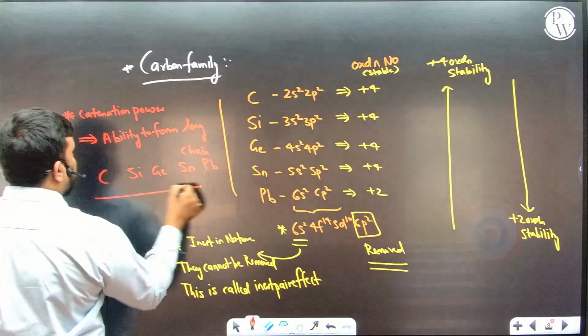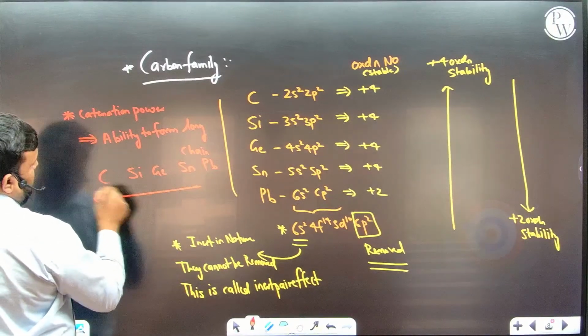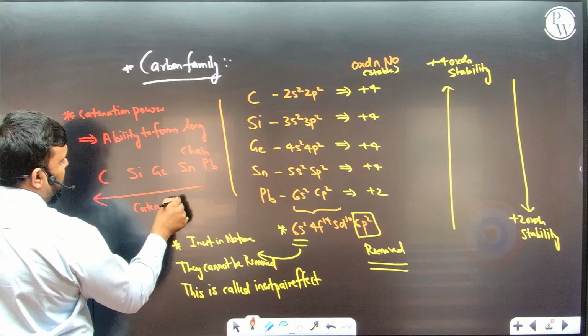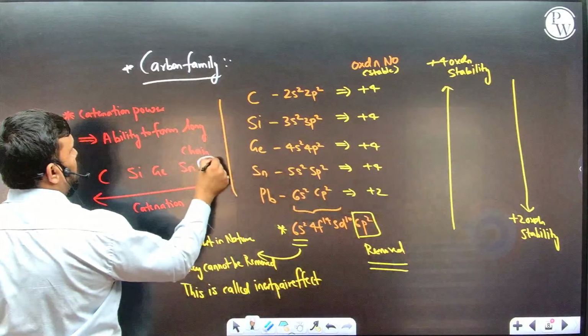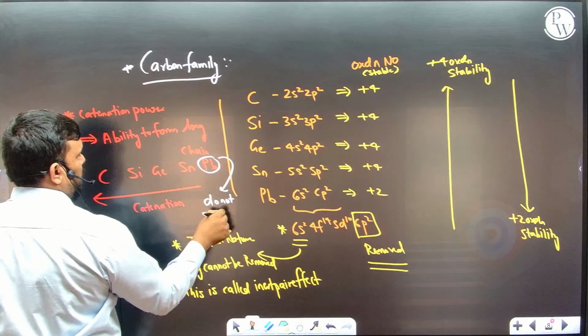The catenation tendency will be much higher for carbon. Down the group it will be decreasing, and Pb does not show any catenation over here.